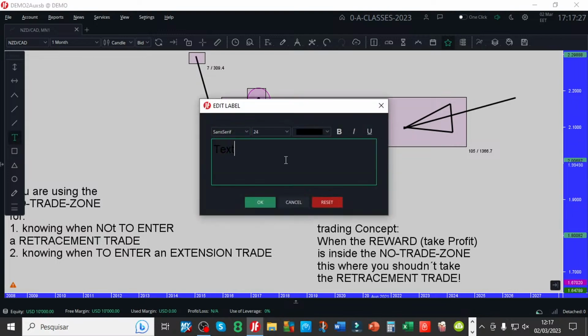So, trading concept again, trading concept for the extension trading.